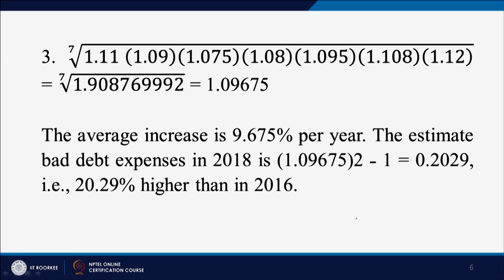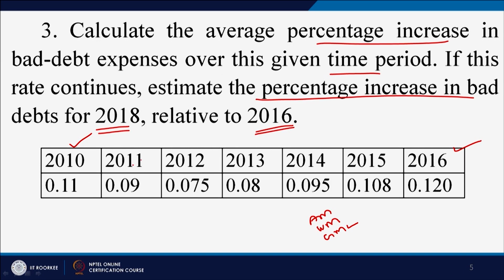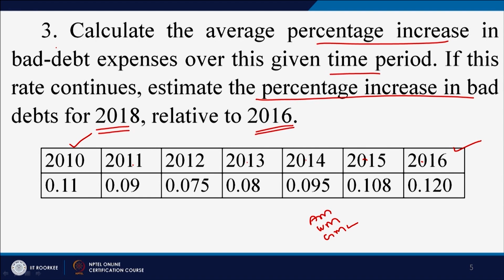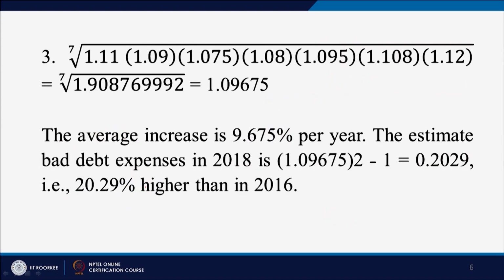How many observations are there? 1, 2, 3, 4, 5, 6, 7. So, small n is equal to 7. You have these different rates, so we will go to the previous slide: 0.11, 0.09, 0.075.